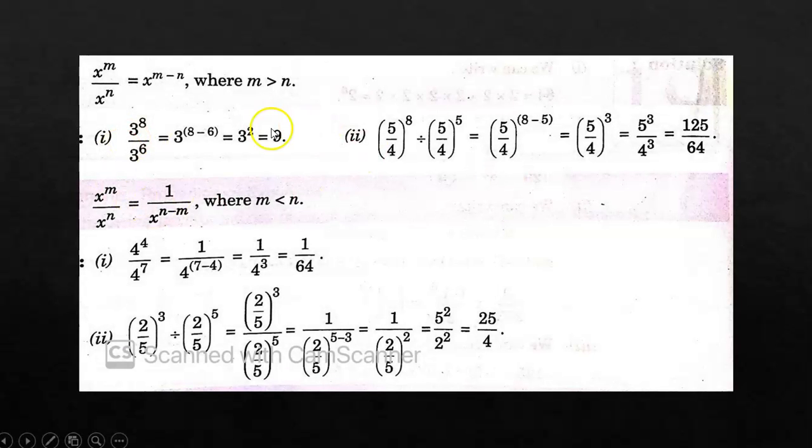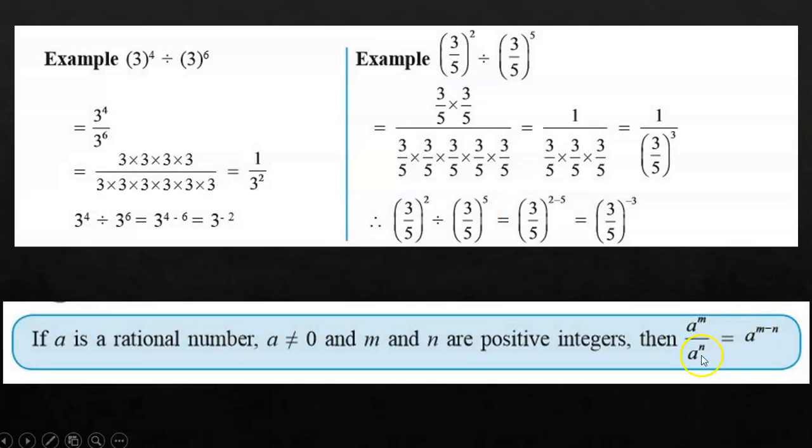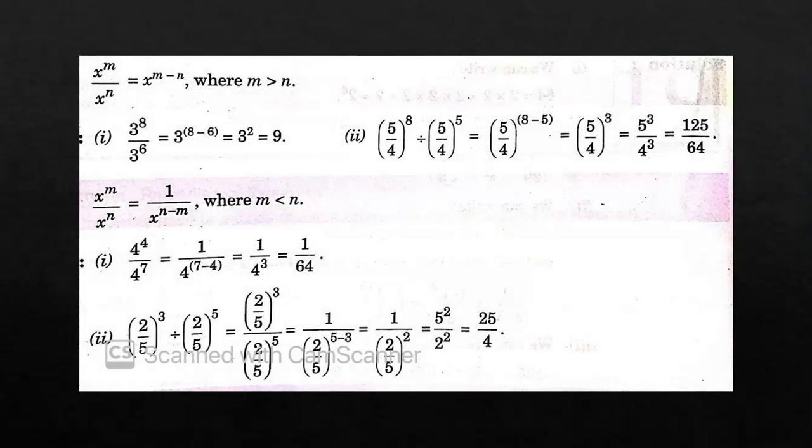Now just have a look at these examples. The particular law which we discussed just now, my dear students, is simplified further in these examples. Instead of a, now I have taken x. x raised to m upon x raised to n will be x raised to m minus n. But in the first case, m is greater than n.